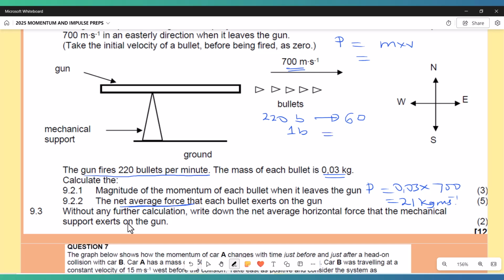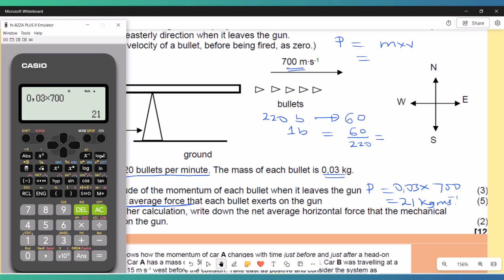One bullet is going to be 60 seconds divided by 220.